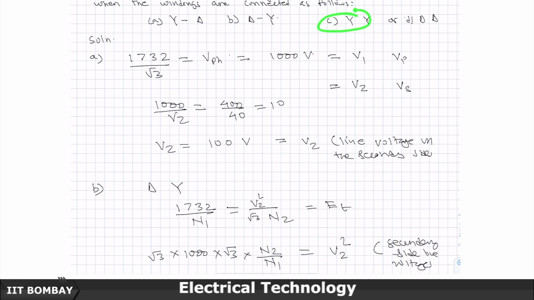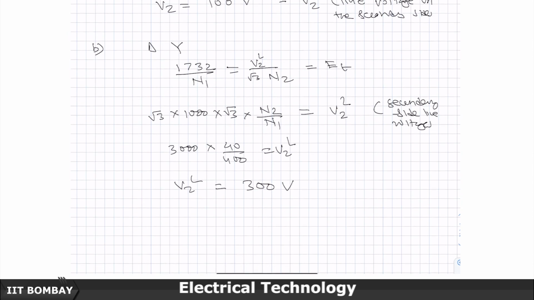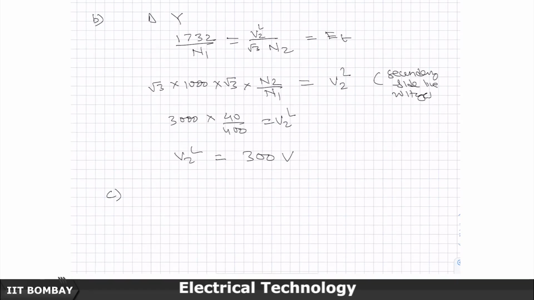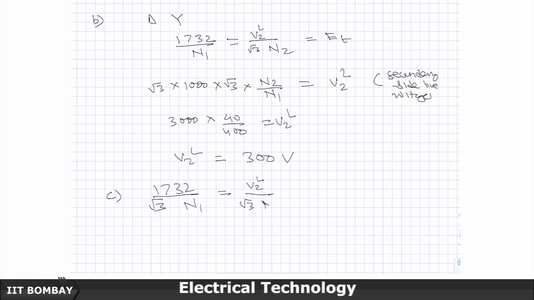Let us take YY. In case of YY connection, 1732 is the primary line voltage, divided by root 3, that 1000 volts is the phase voltage. This appears across the N1 turns. So this divided by N1 is equal to, if secondary side line voltage is V2, divided by root 3 is going to be the phase to neutral voltage, and this comes across the N2 turns, and this becomes the EMF per turn.